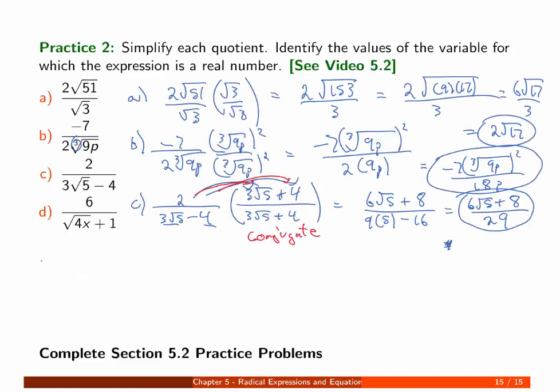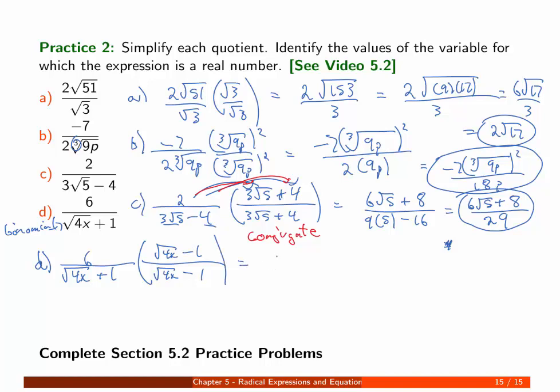And the last question, question D, is essentially the same question. Right away, you should immediately tell what case you're with. This is a binomial, so you already know you're working with case 2 here. Once again, this time you're going to have subtraction in your conjugate.